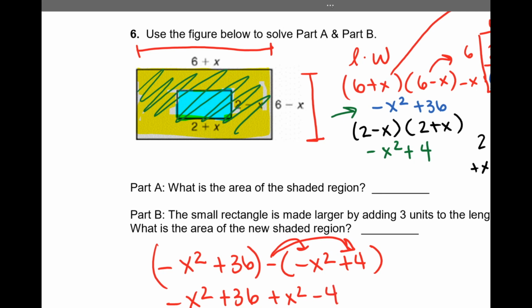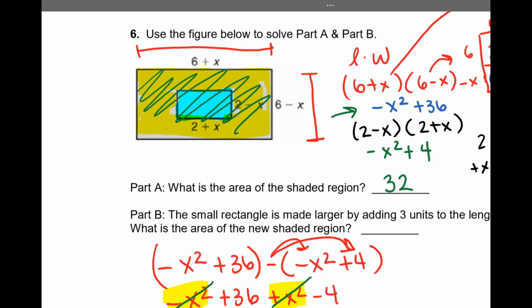Alright, now I'm going to combine like terms. So I take negative x squared and positive x squared. Notice how they're both opposite of each other. So those are going to cross out. And you are left with 36 minus 4. 36 minus 4 is 32. So what is the area of the shaded region? The area is 32.